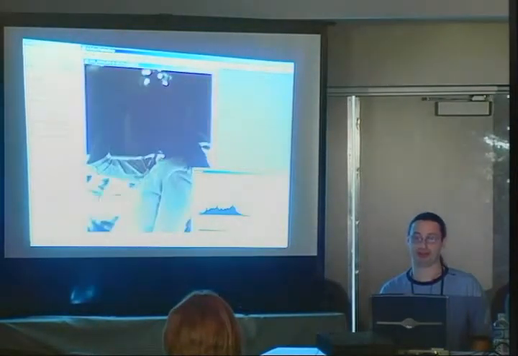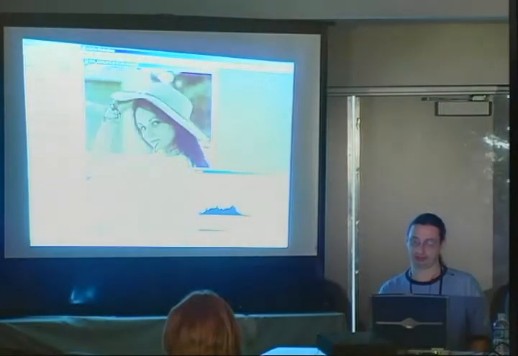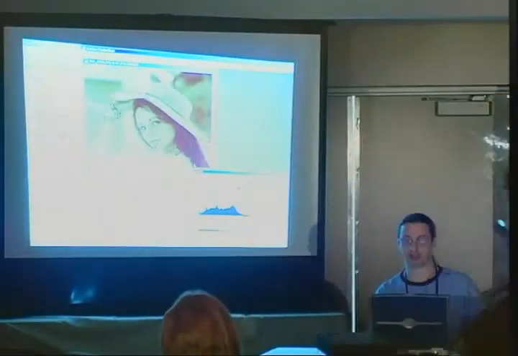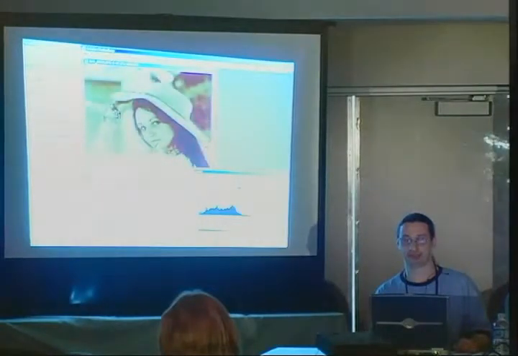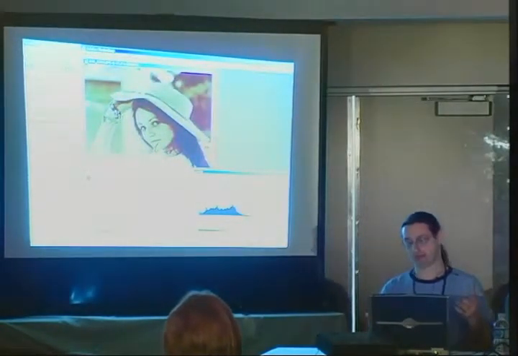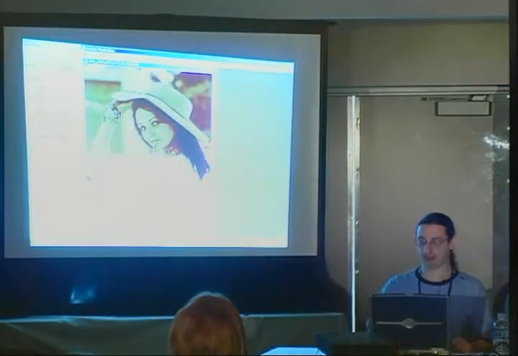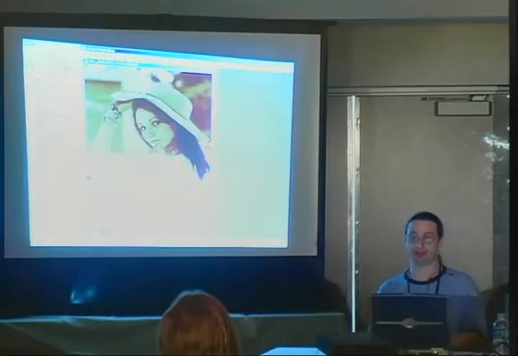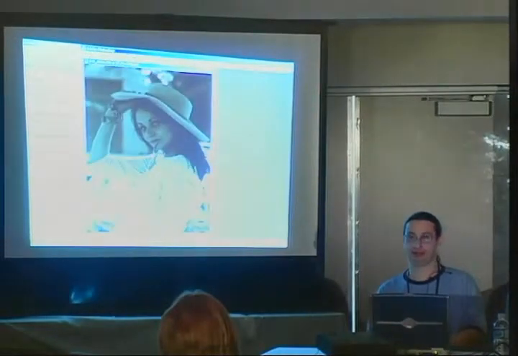Move it to the right, your image gets darker. In this case, you want to move it to the left, and voila, girl's got a face with detail. And now we've got a nice image.